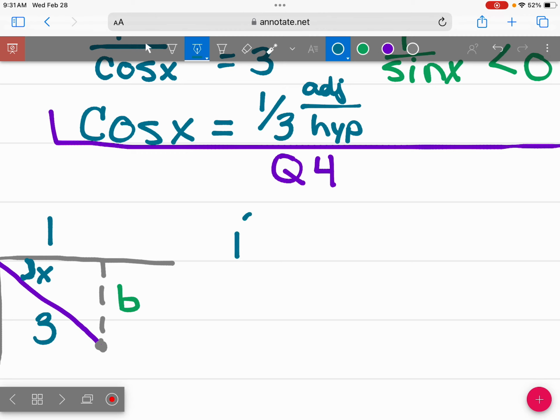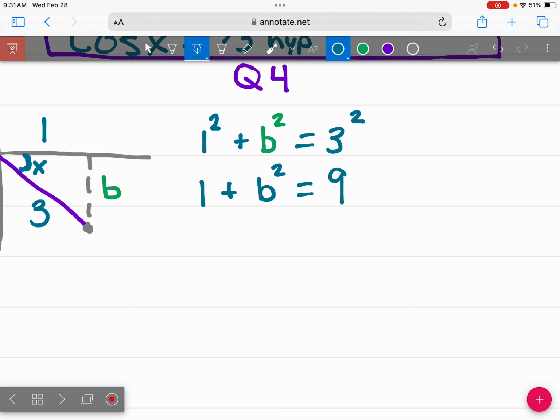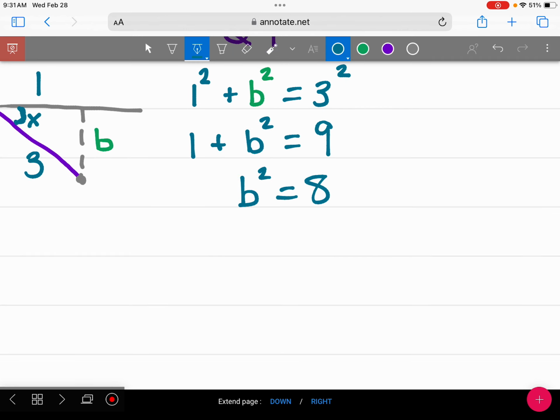So we know 1 squared plus b squared equals 3 squared. 1 plus b squared equals 9. So b squared equals 8. So what is b?